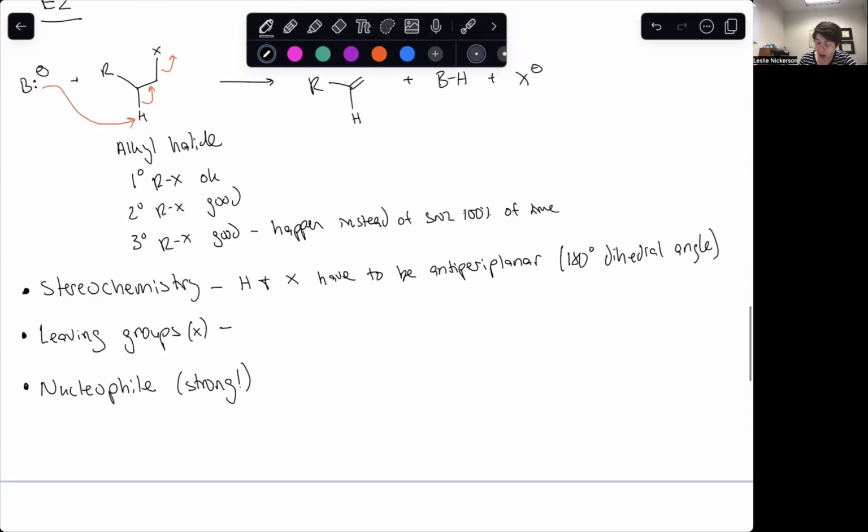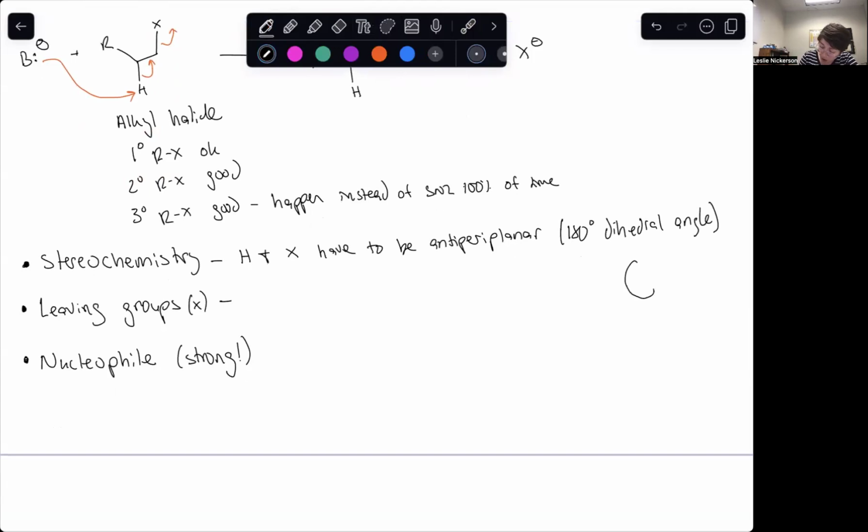If we're looking at a Newman projection, we would need to have our X and our H 180 degrees apart in the anti-positions to each other. And they have to be in the same plane. That's the periplanar part, anti and periplanar. I'll be talking about how to do that in another video. This is just the introduction, so we're going to try to keep it shorter and not crazy. All right, so that's our stereochemistry.